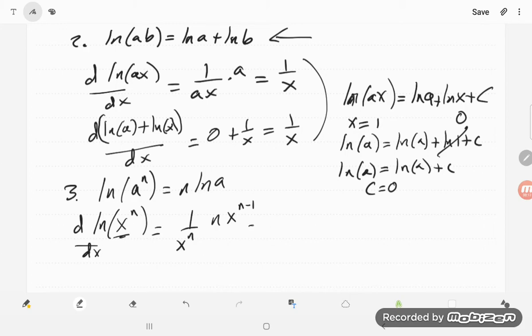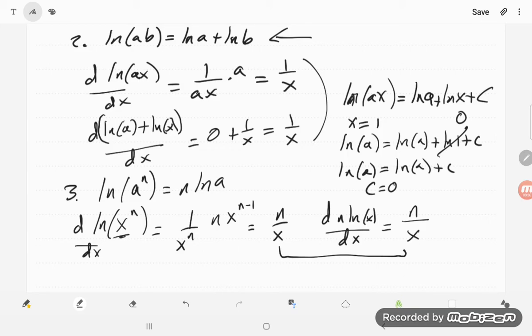And so this simplifies to be n over x. But if we take the derivative of n log of x with respect to x, we get that same thing, n times 1 over x, or n over x. So once again, they're the same, and they just differ by a constant.